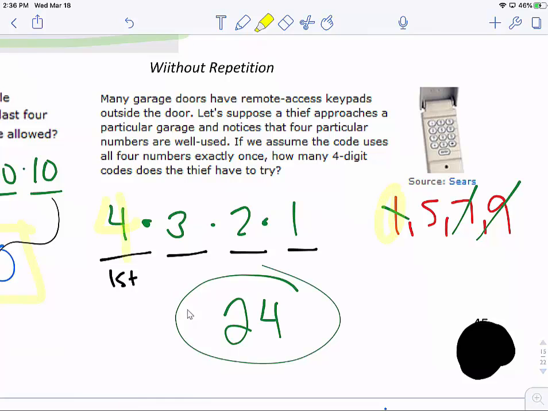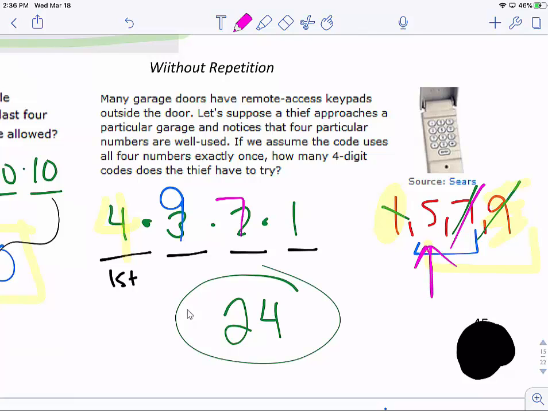Well, maybe the first number was a 1. So now there are 3 separate options for the next number. Maybe they picked 9, so that one's gone. So now there are 2 options for the next number. And now they pick 7. So there's only 1 option for the last number.